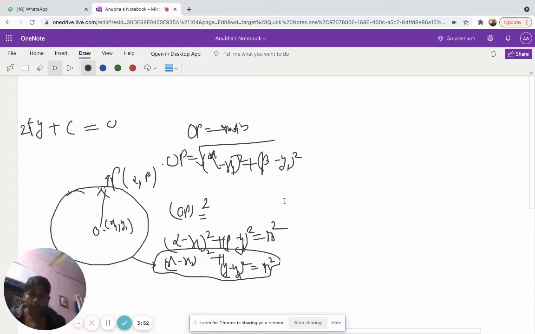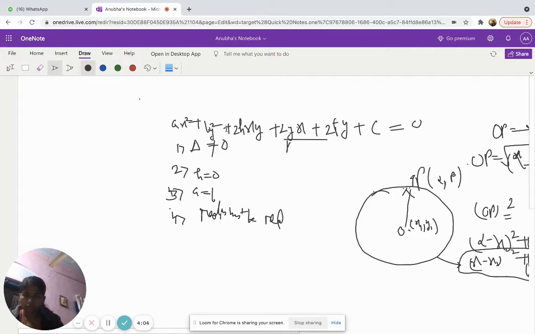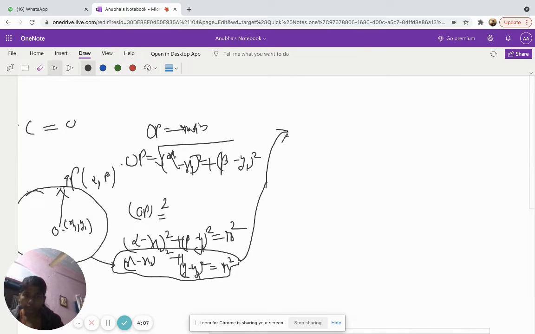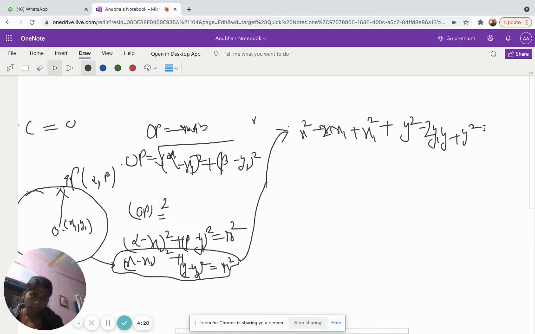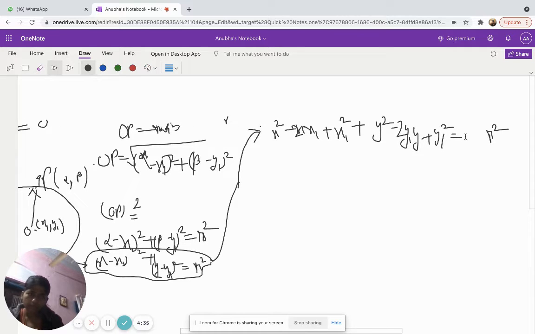So if I open this equation and compare it with our equation of conic, then what we get, if I open it, is x square minus 2x x1 plus x1 square plus y square minus 2y1y plus y1 square equal to r square simply.